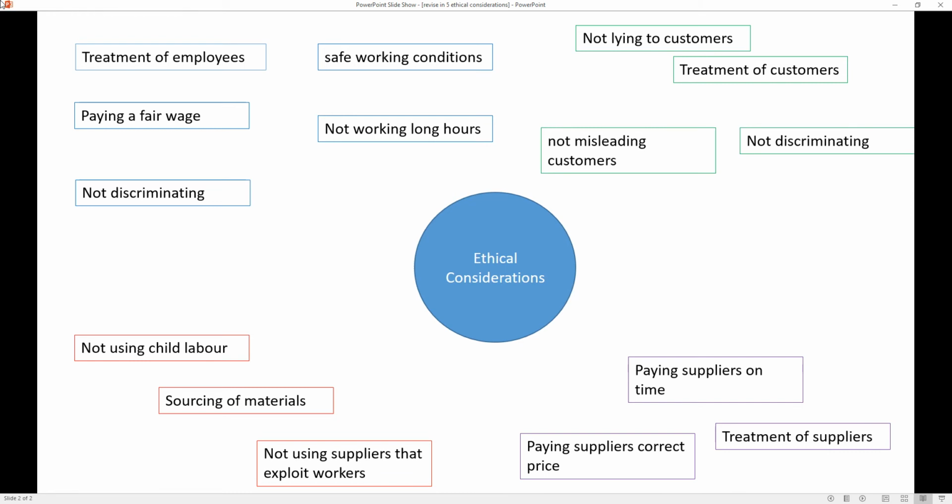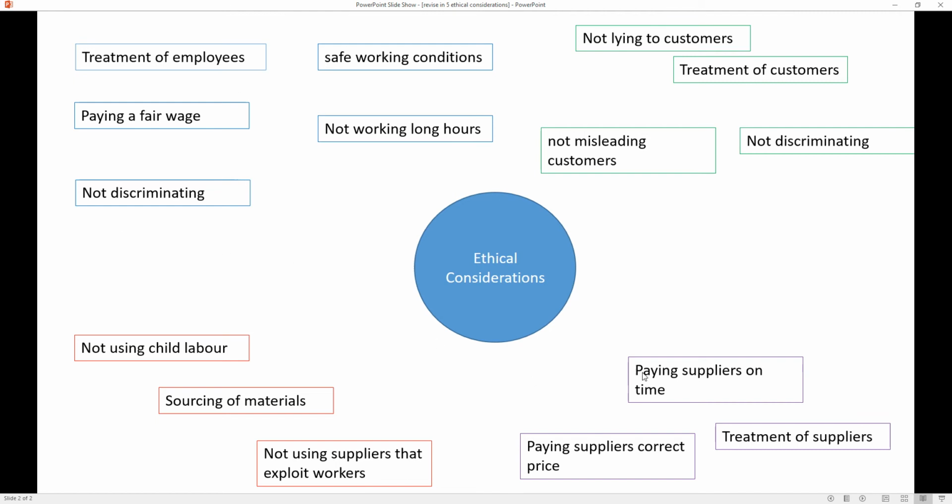Thinking back, a bakery had some really bad press because they discriminated against a gay couple because they didn't want to bake them a cake for their wedding or something, okay. So that business was actually hounded quite a lot and boycotted by a lot of people because it was put on social media. So again, you shouldn't discriminate because A, it's wrong, but B, it's going to affect your reputation. We'll talk more about impacts in a different video, okay.